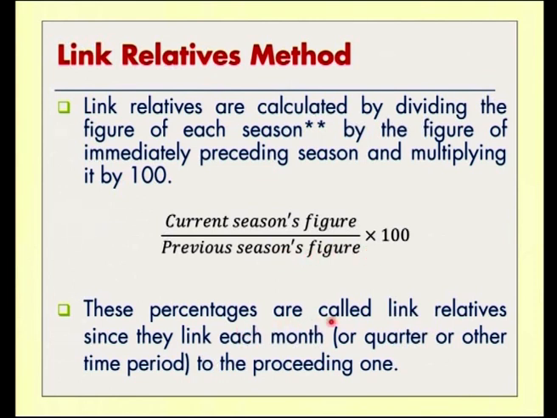These percentages are called link relatives, since they link each month or each quarter or other time period, that is each week or each fortnight, like that. Whatever the time period we are taking, it is relating or linking to the previous one, that is why it is called link relative method.